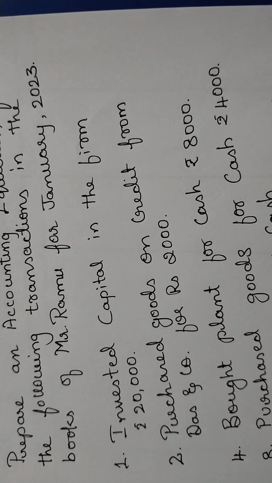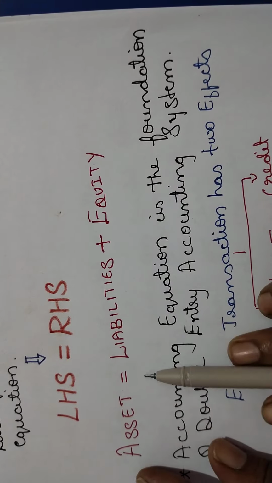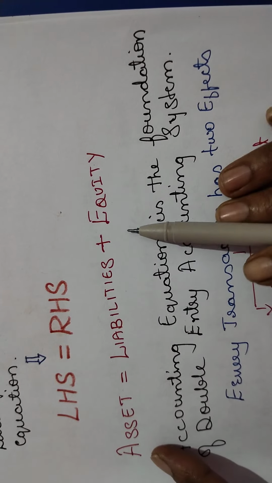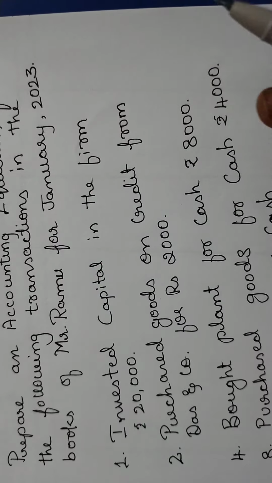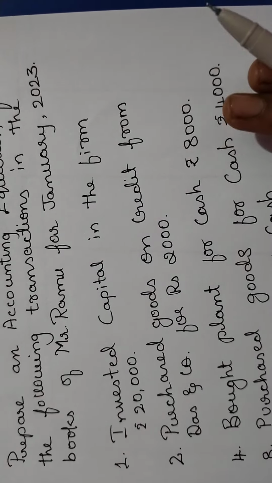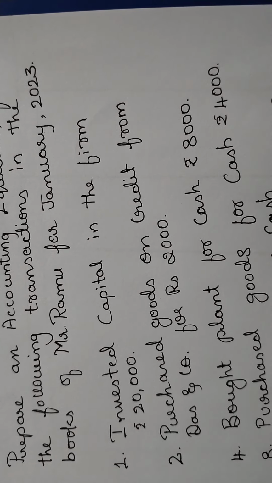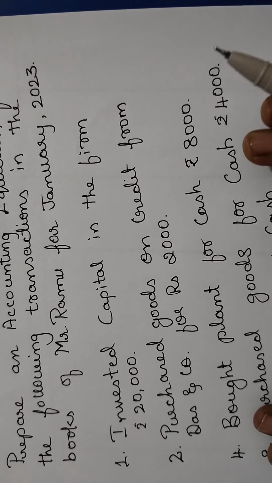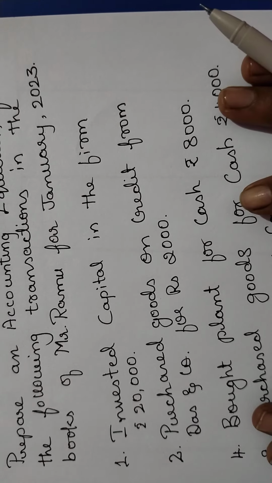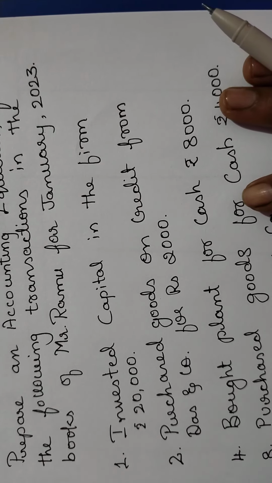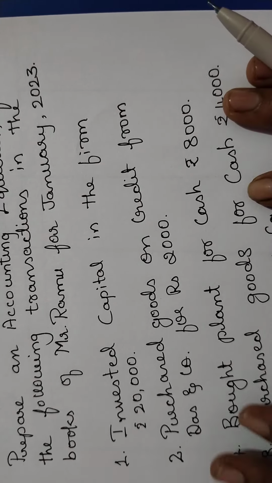The equation is assets equals liabilities plus equity. So first you need to identify these three different heads: which are assets, liability and equity. And in the accounting equation you will also have two effects, so you need to identify which those two effects are.